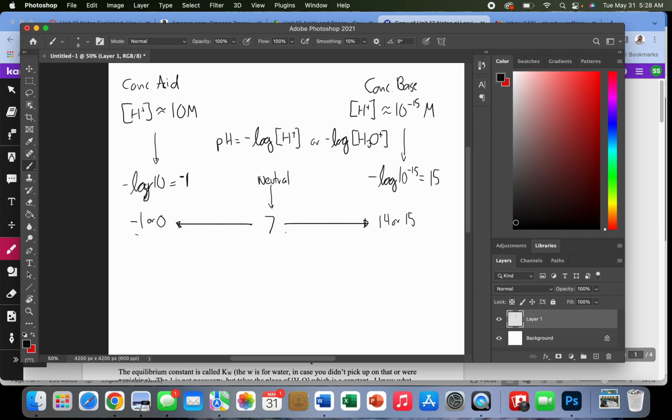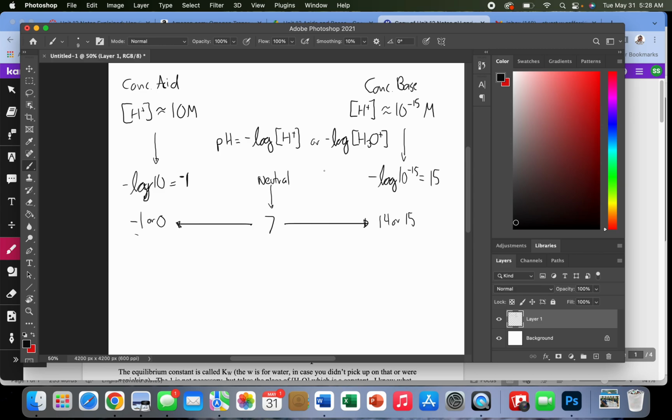There's really no upper or lower limit. The limits are determined by how much acid or how much base you can pack into a liter of water. So there's not a defined beginning and end. However, neutral is defined, and that's defined by water itself. We're going to see how that works.